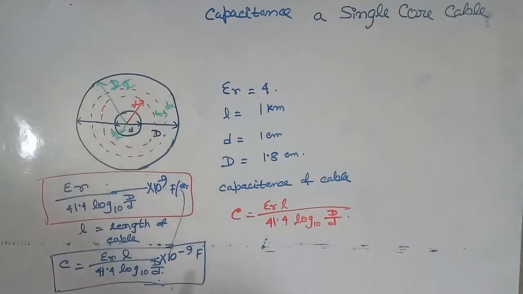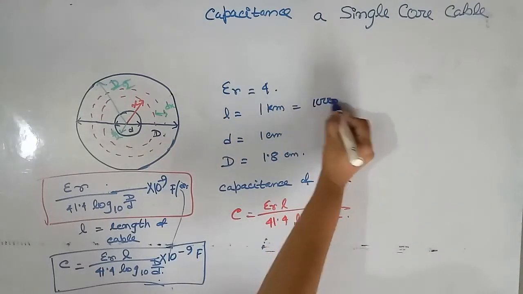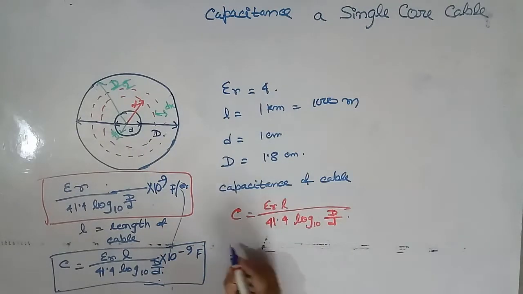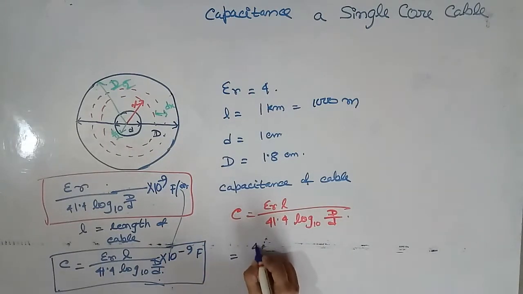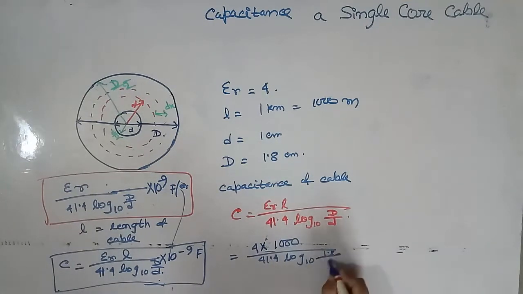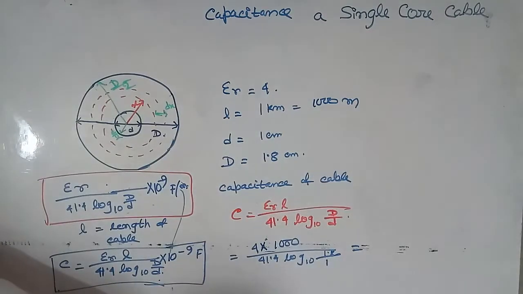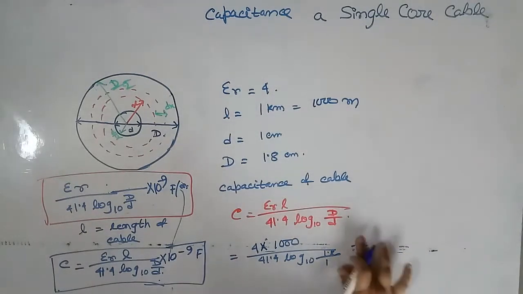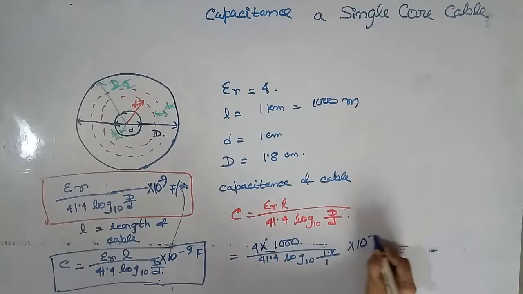So at first we convert the length of the cable into meters. Now putting the value of epsilon r is 4, length is 1000, 41.4 log 10, capital D is 1.8 and small d is 1, and 10 to the power minus 9.